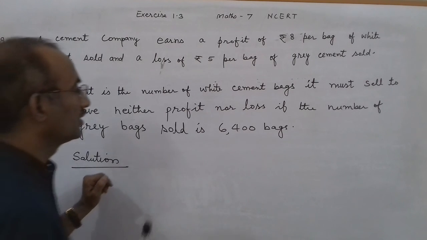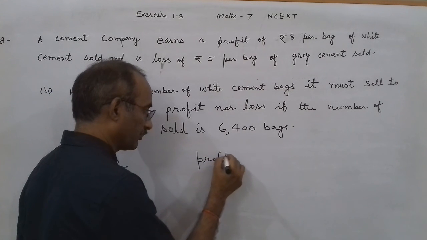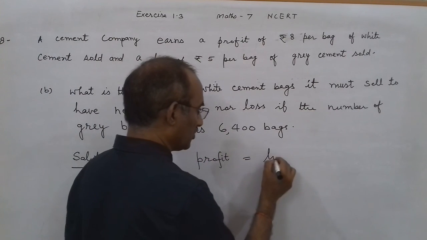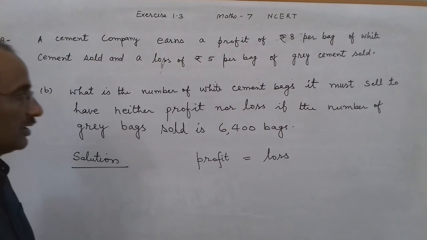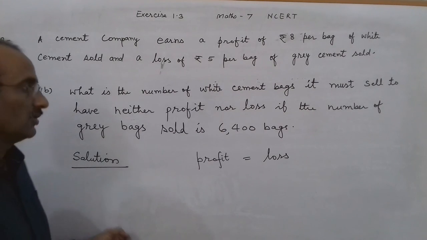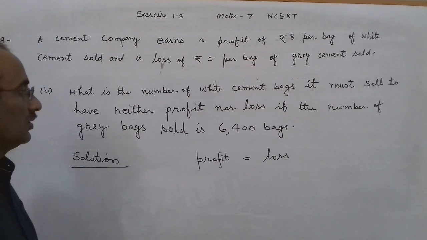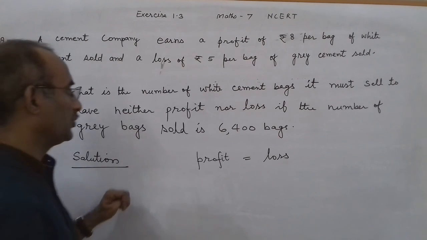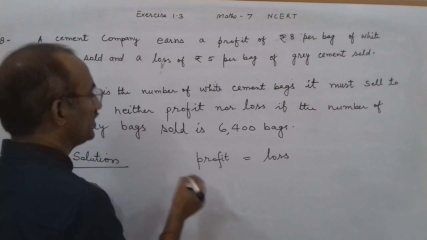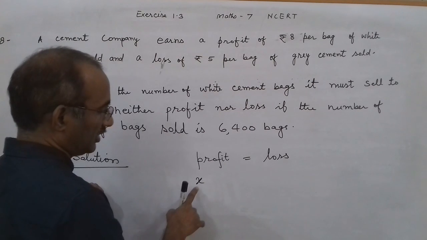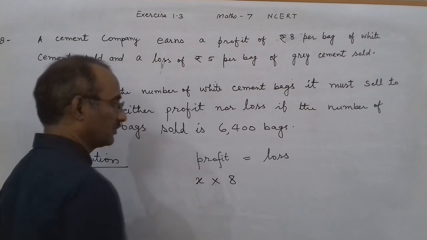It means profit equals loss. If this condition is fulfilled, then the net profit or the net loss will be 0. To find the profit, we multiply the number of white cement bags, suppose x, with 8.